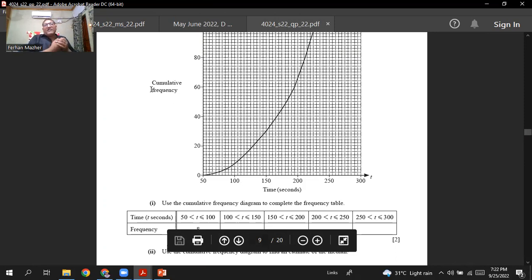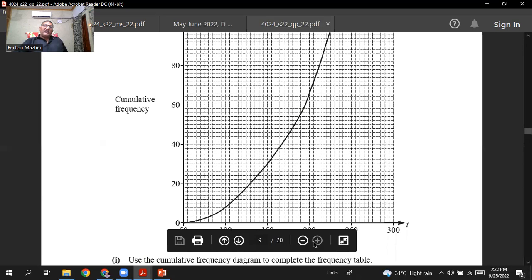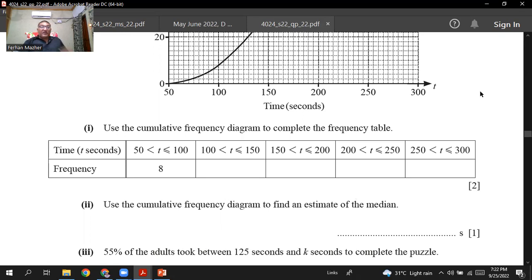For example, at 150, find the cumulative, at 200, find the cumulative, and then subtract from each other, and you will get the frequency of that class. Then find the cumulative frequency for 200 from the graph, find the cumulative frequency for 250, and subtract them from each other, and that will give you the frequency for this class.